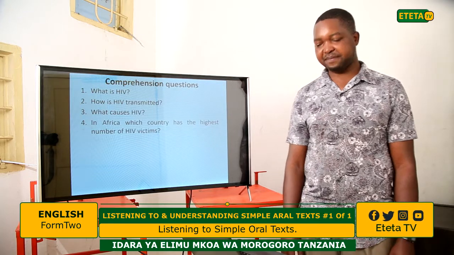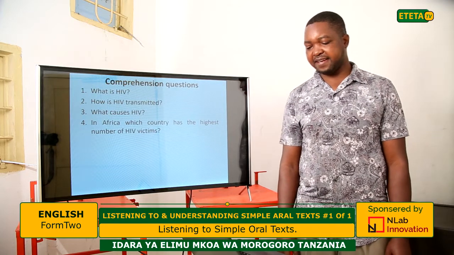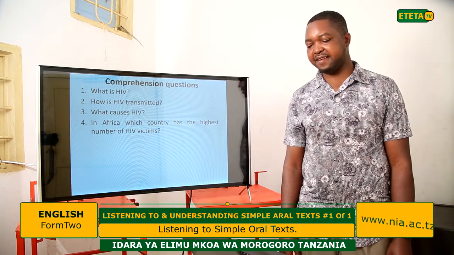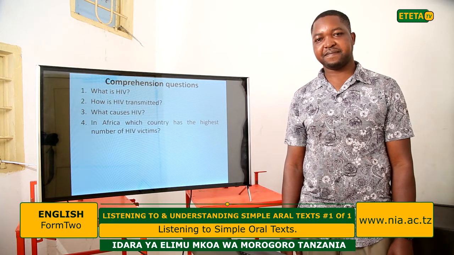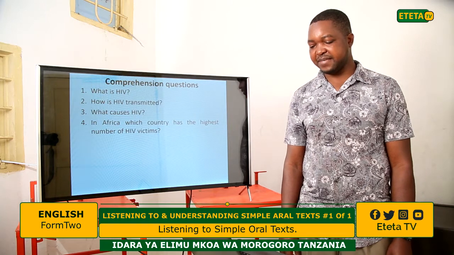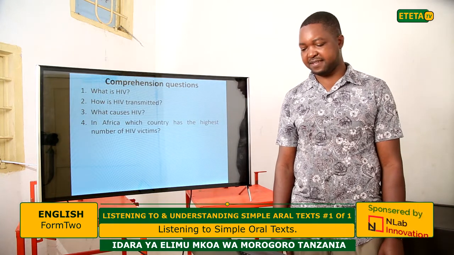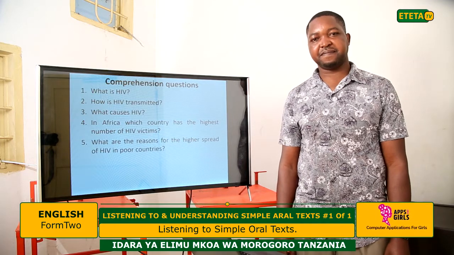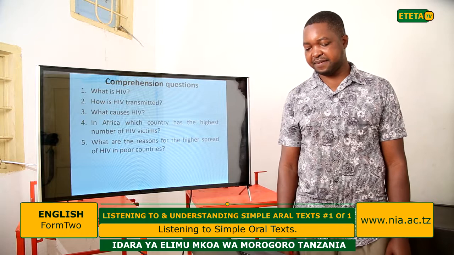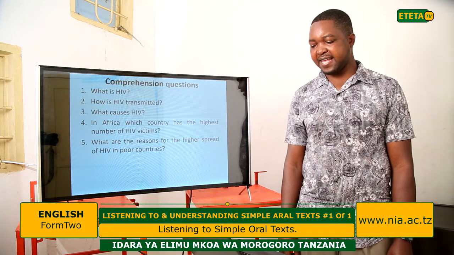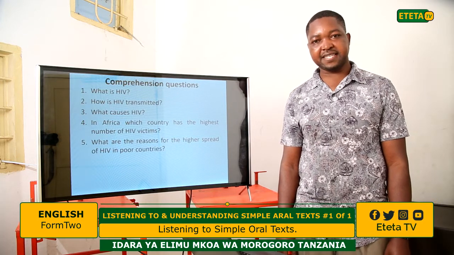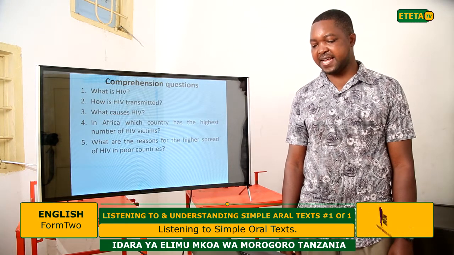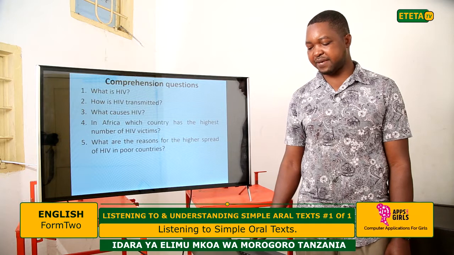The fourth question, in Africa, which country has the highest number of HIV victims? Question number 5. What are the reasons for the higher spread of HIV in poor countries?